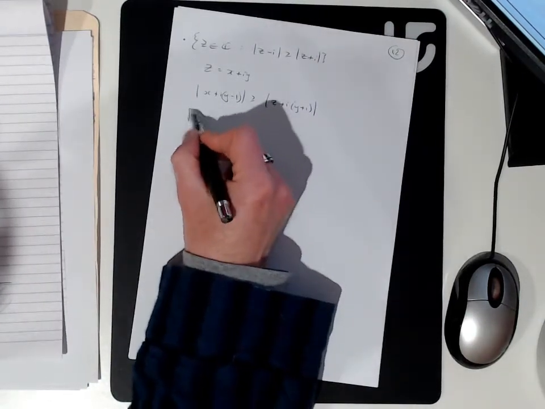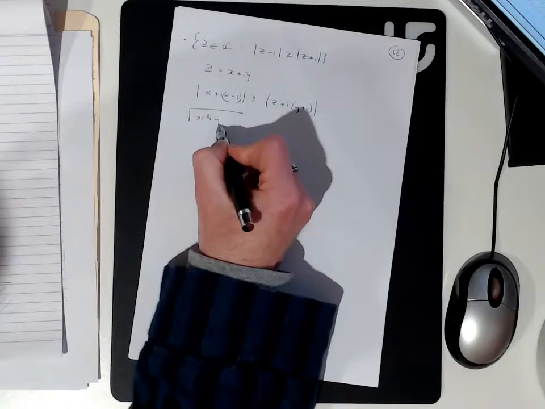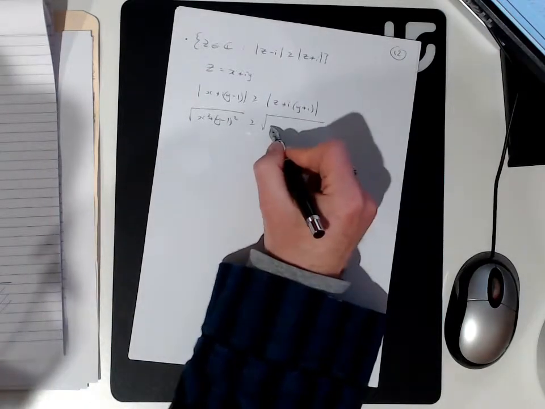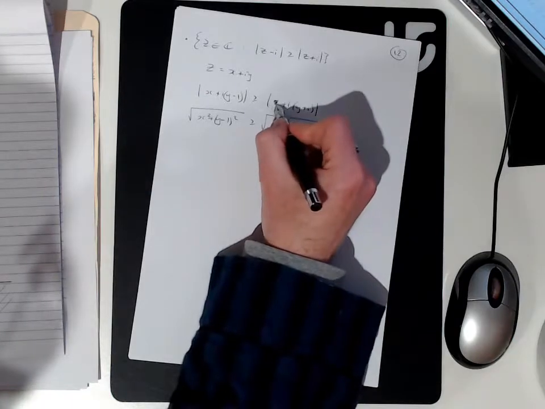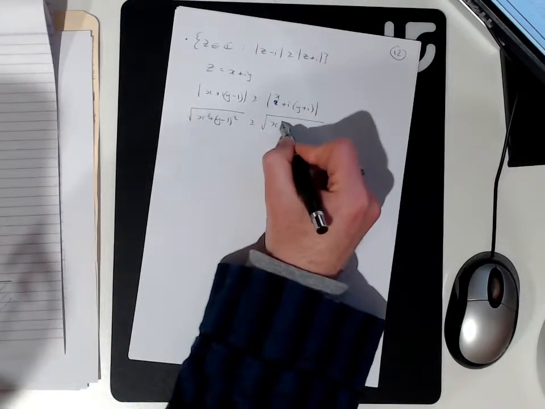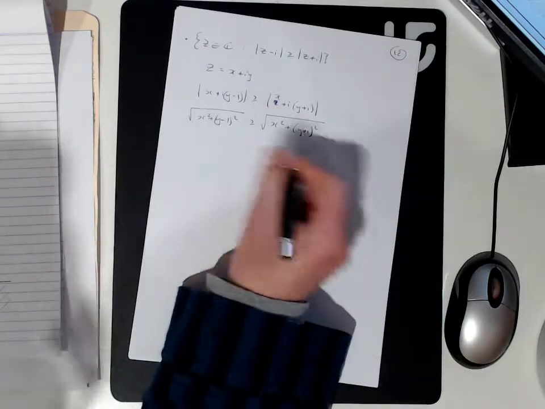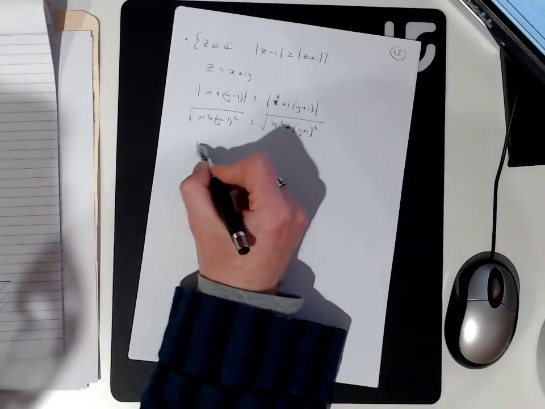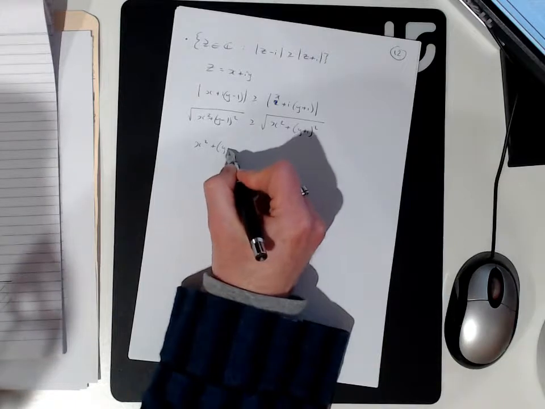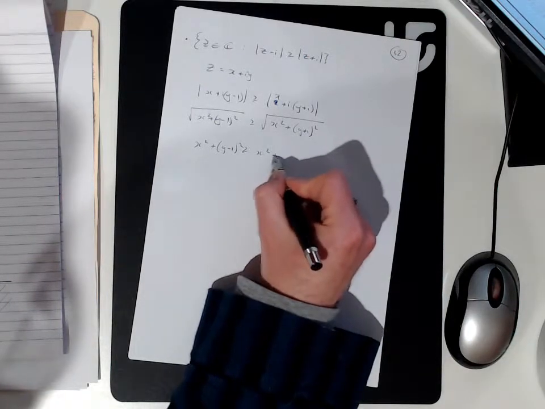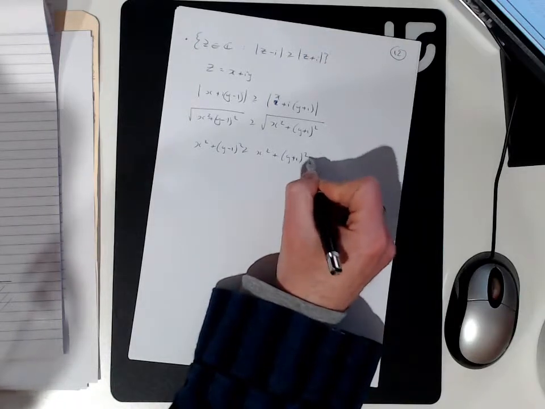So this is the same thing as saying that x squared plus (y − 1) squared is greater than, sorry, that should be an x squared plus (y + 1) squared. Square both sides, so this is x squared plus (y − 1) squared is greater than or equal to x squared plus (y + 1) squared.